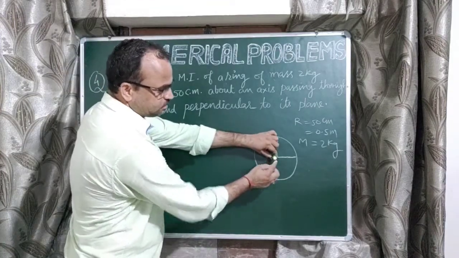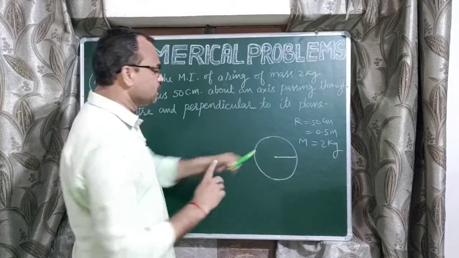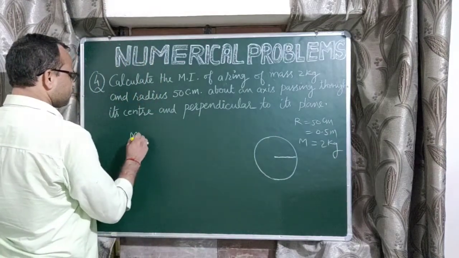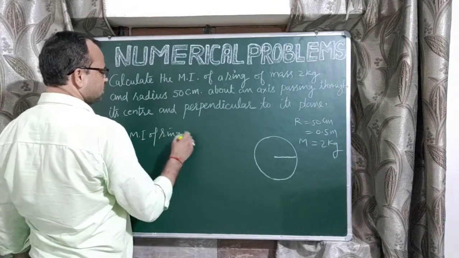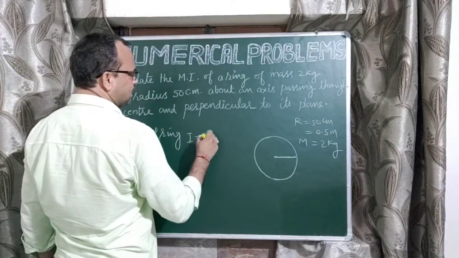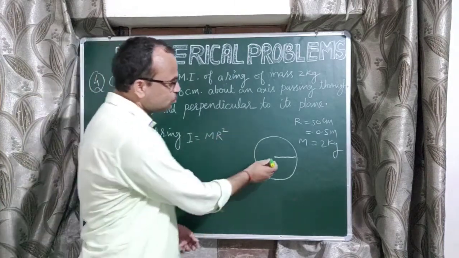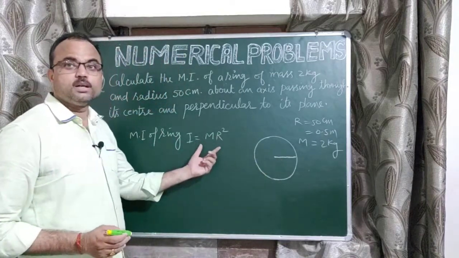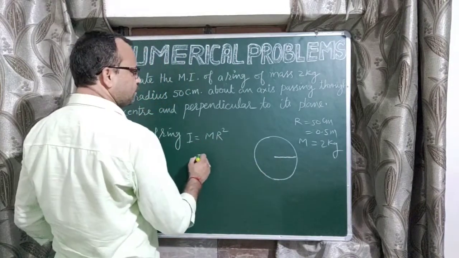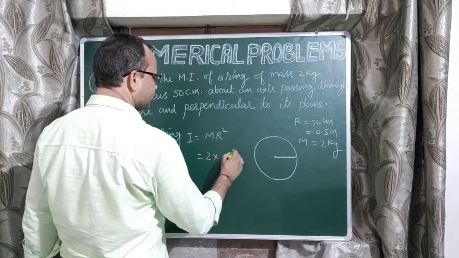So we apply the first formula, moment of inertia of ring, I equals mr square, because when the axis passes through its center perpendicular to its plane, its formula is mr square. Now put the value 2 into r square, meaning 0.5 square.